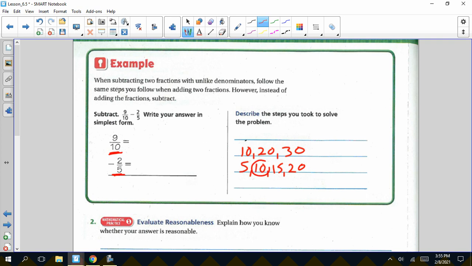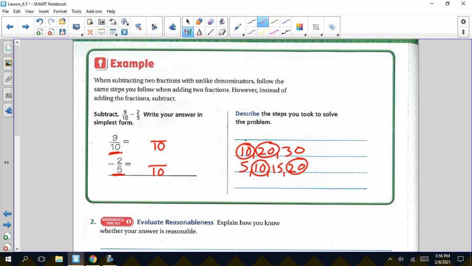But we know that it has 10 and 20 in common. So any one of those would work. But we want to try to use the least common denominator if we can. So we want to turn both fractions into tens on the bottom. 10 is our least common denominator.